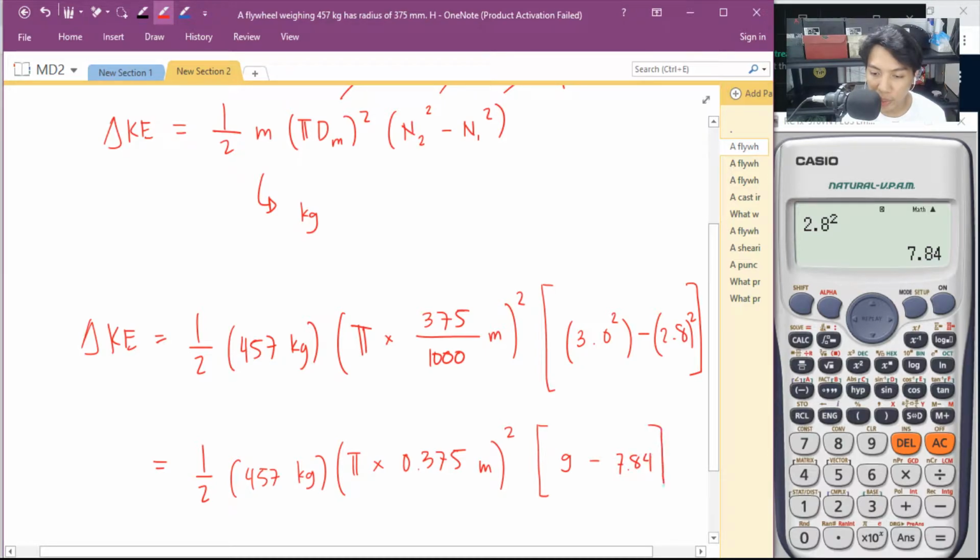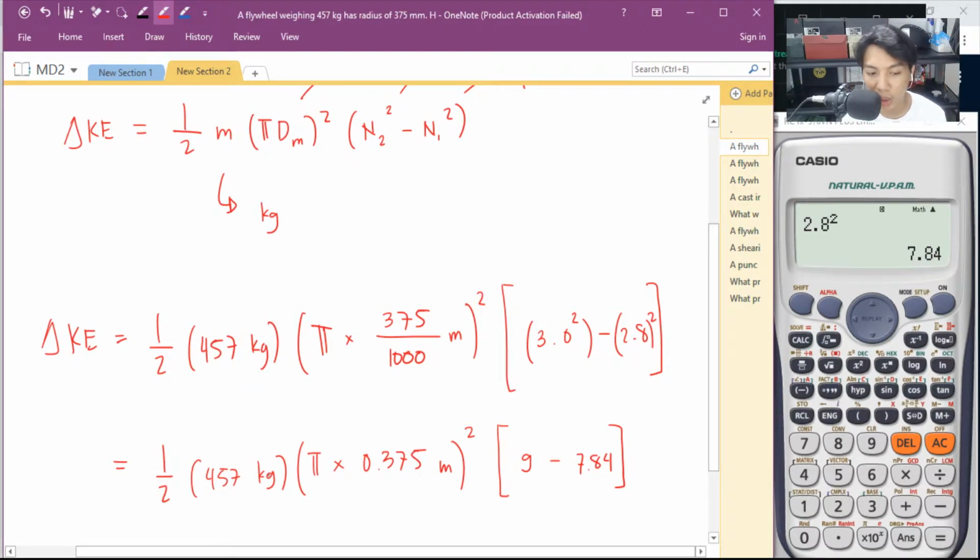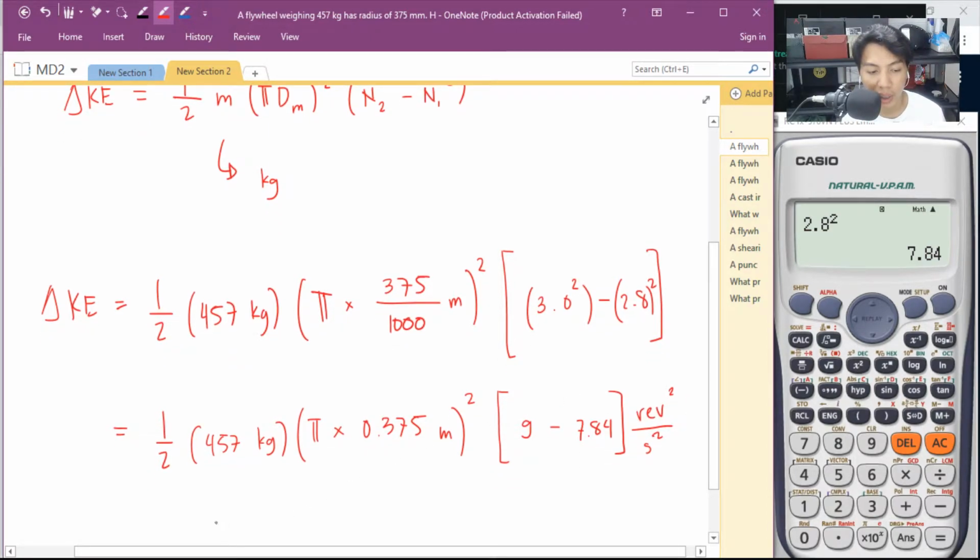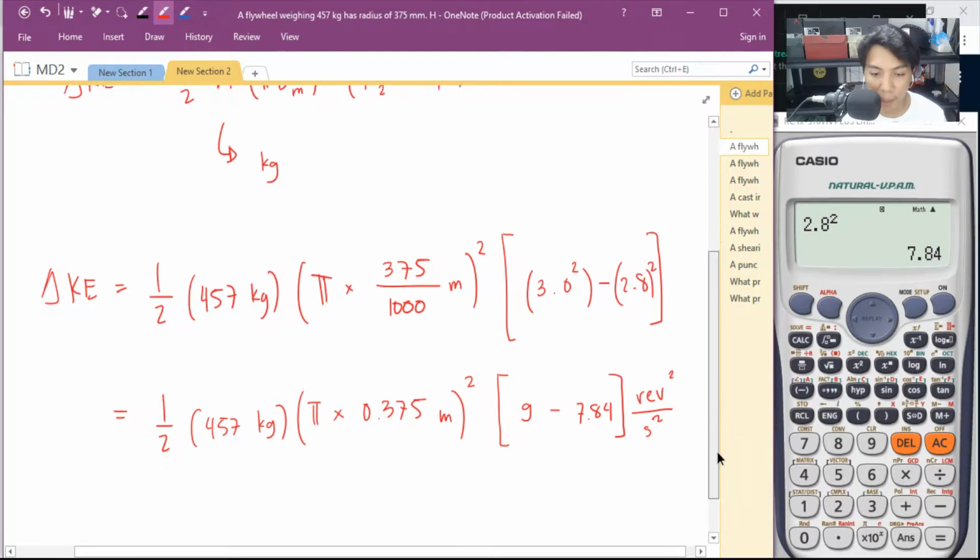Anong unit? Yun nyo ha, lagi malilito kayo dyan eh. Kailangan i-Newton nyo? Hindi. Kasi revolutions per second, yung revolutions na unit na yon, kahit tanggalin na natin, ang matitira dito is revolutions squared per second squared. O, tingnan nyo ha. Ang magiging unit niya, sa baba.